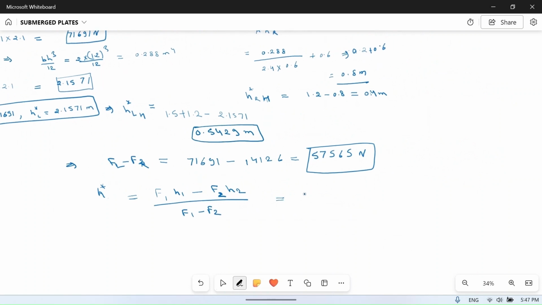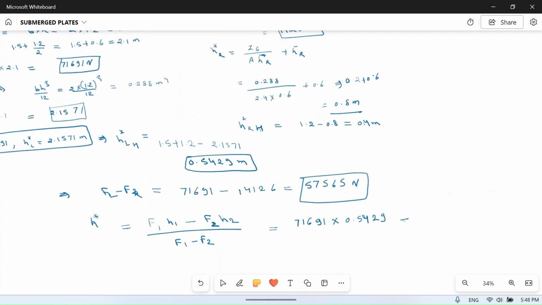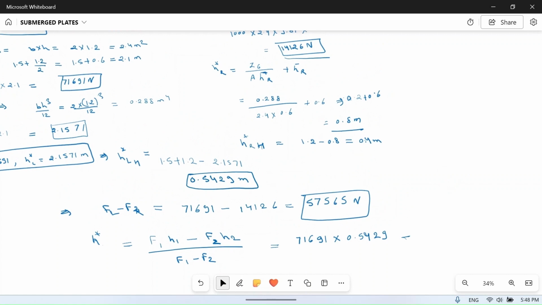So F1 is 71691 into H1, which is 0.5429, we are taking distances from the hinge, minus the force on the right hand side, 14126, into H2, the distance from hinge, 0.4, divided by 71691 minus 14126.